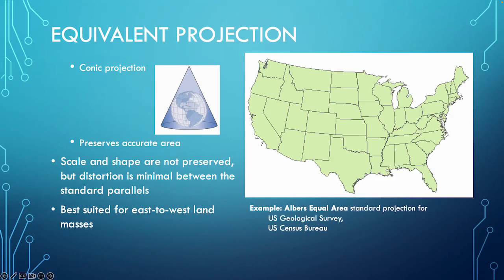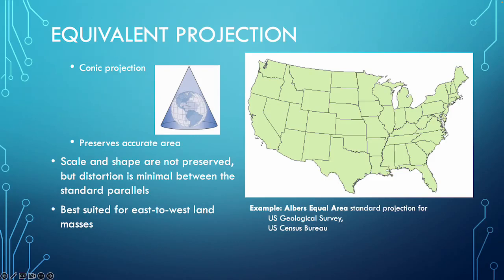So there's Albers equal area for North America, which works pretty well. It preserves area. Now scale and shape are going to be distorted, but the distortion is not too bad, especially if you're working along parallels.